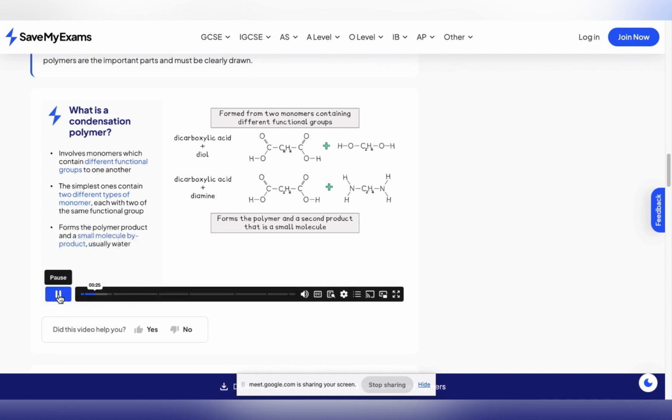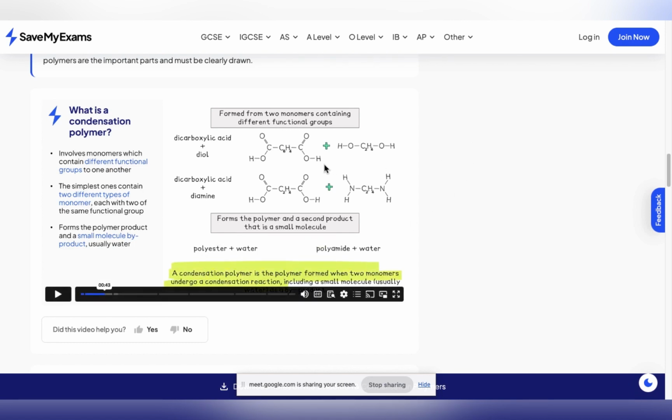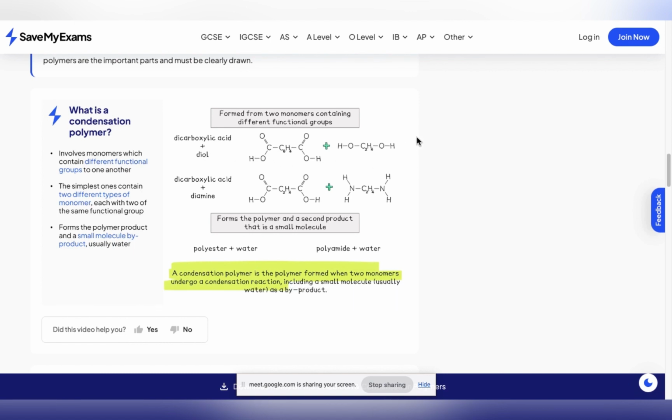There is also a second product, which is always a small molecule, typically water. Examples include dicarboxylic acids and diols forming a polyester and water, or dicarboxylic acids and diamines forming a polyamide and water. A condensation polymer can therefore be defined as the... Okay, let's take an example of condensation polymerization, for example, a dicarboxylic acid.